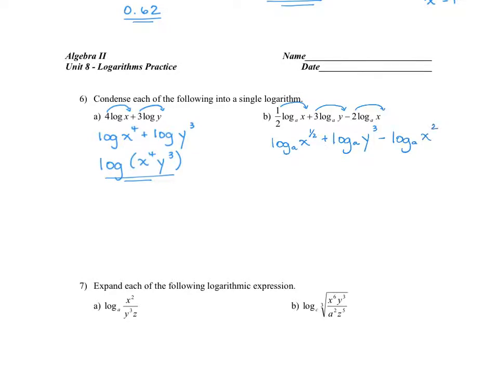And our rule for addition is to multiply the arguments, and our rule for subtraction is to divide. So we'll have log base a of x to the 1/2 y to the 3rd, because they're added, which means multiply, and then over x squared, because it's subtracted, which means divide.